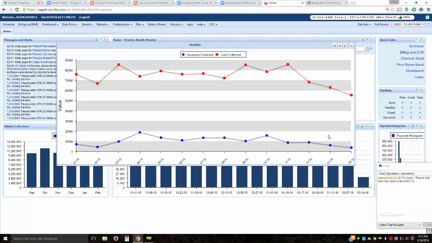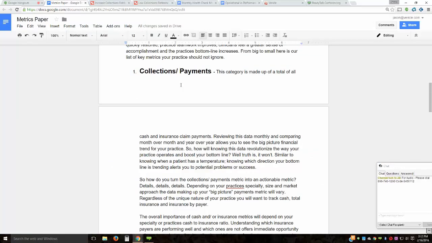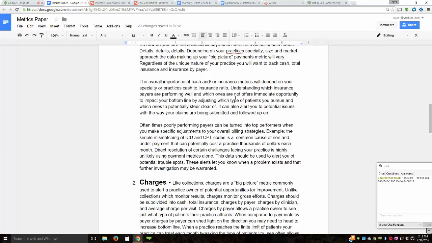So if you're seeing a dip in insurance patients, it really won't make that big of a difference. If you're seeing a dip in cash patients for this particular practice, you're going to have a major fall. So the first one that we're looking at, and this white paper is available on any one of our websites, you can go check it out, is collections and payments. The second one is charges.